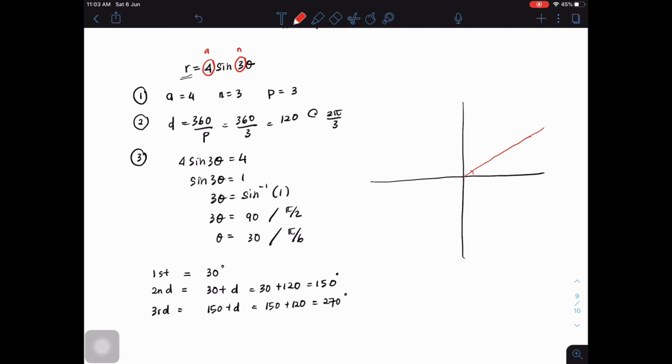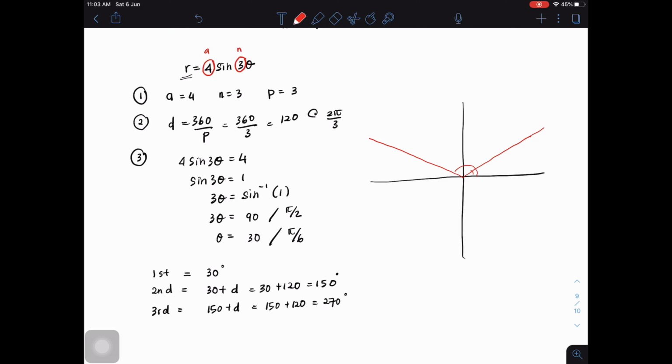Next line is at theta equal to 150. Let's say this one to here is 90. So let's say this one, 150. So you have the line here for the second petal.